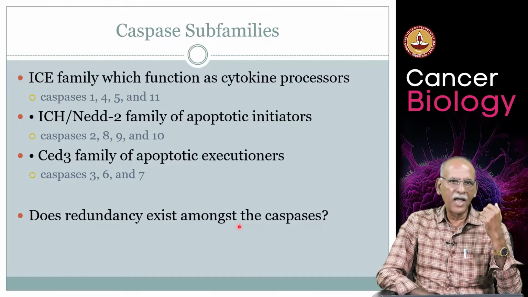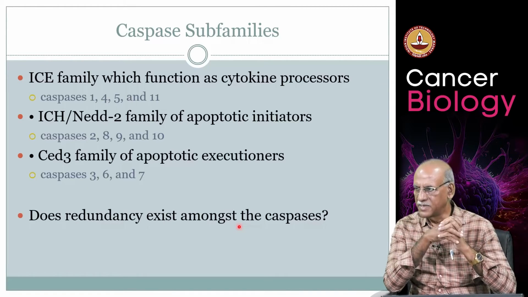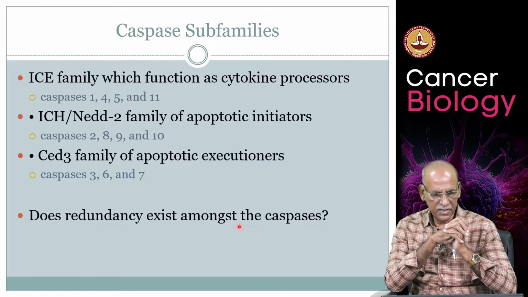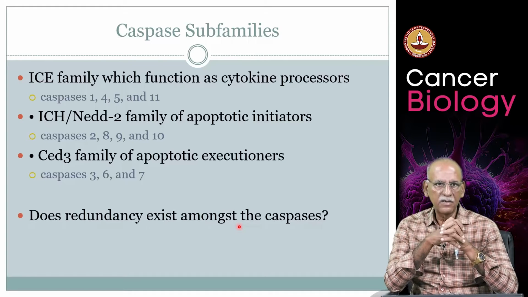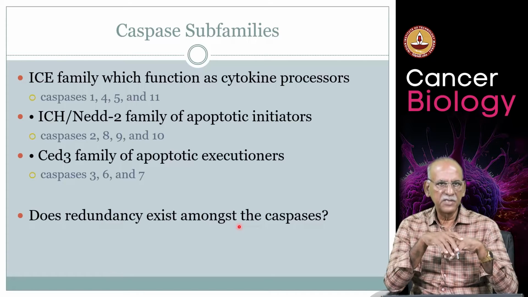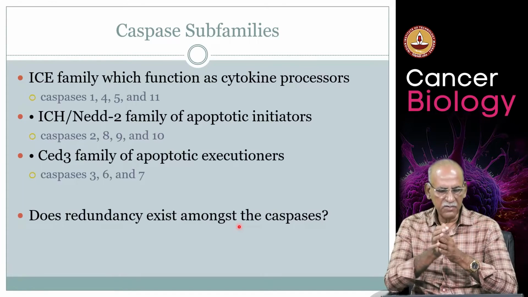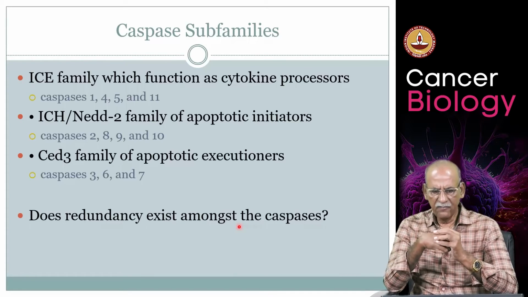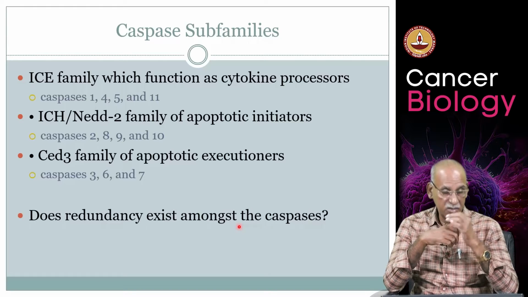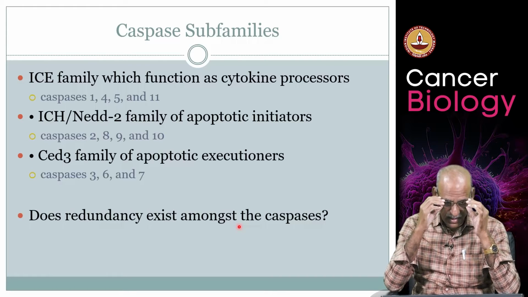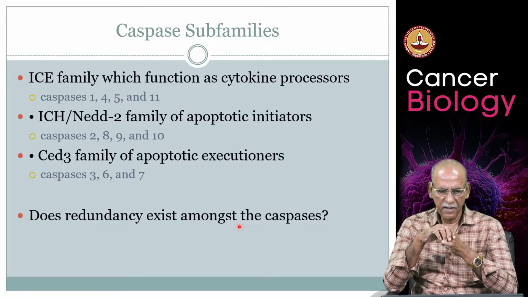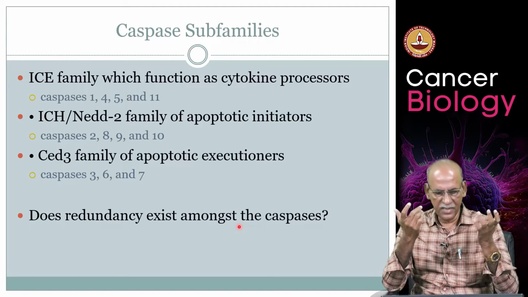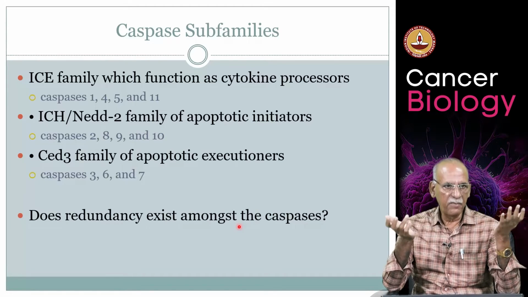So, they were called the ICE family of enzymes, that is interleukin converting enzyme. The family of caspases was known as the ICE family, that was the original name. Again, you had homologs in the lower organisms, like the CED family of apoptotic initiators in C. elegans and other organisms.